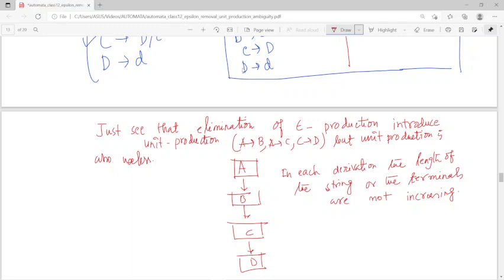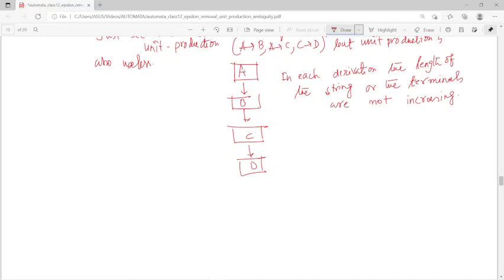So the next task is that you have to eliminate unit productions. Any number of transformations cannot change the language generation.